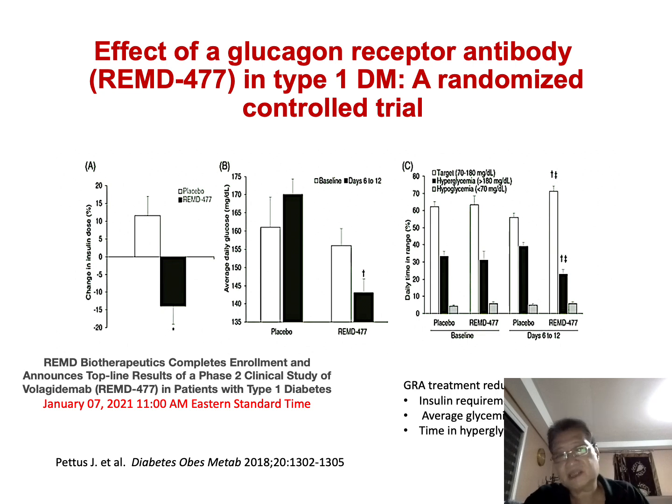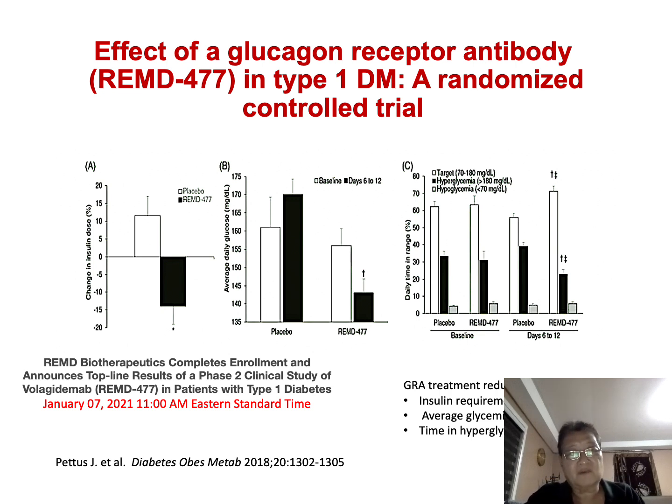Okay, I've been searching for a lot of antagonists, and I came across just one human study that reached phase 2 trial using a glucagon receptor antibody in type 1 DM, and it is called REMD 477. This is a randomized controlled phase 2 trial.